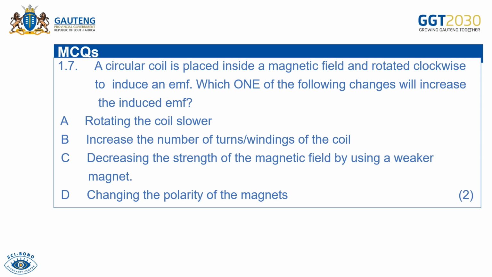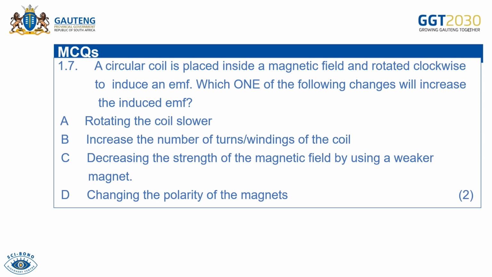So that is electromagnetism, or that is Faraday's law, right? Yes. Then which one of the following changes will increase the induced EMF? But how is it being induced? Remember, that is electromagnetic induction, right? How do we induce EMF across the ends of the conductor?